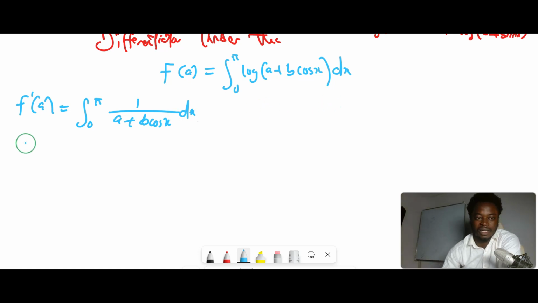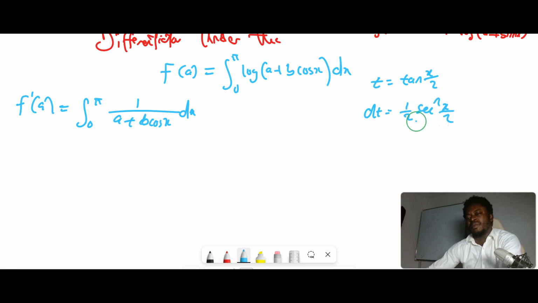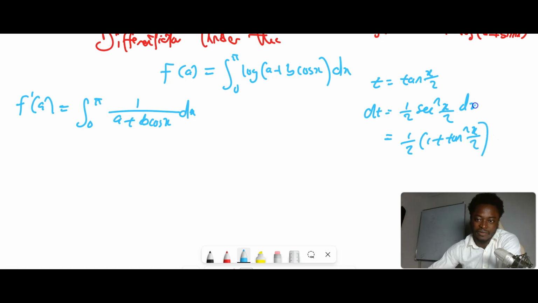Now this is a new integral we're going to integrate, and to do this we need to use the so-called Weierstrass substitution, which is taking t to be the tan of x over 2. In this case dt would be 1 over 2 secant squared x over 2, which is 1 over 2 times 1 plus tan squared x over 2, dx, of course.